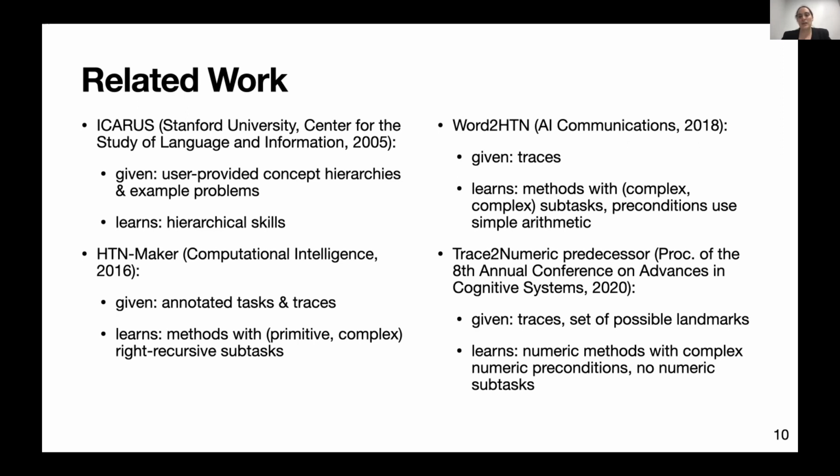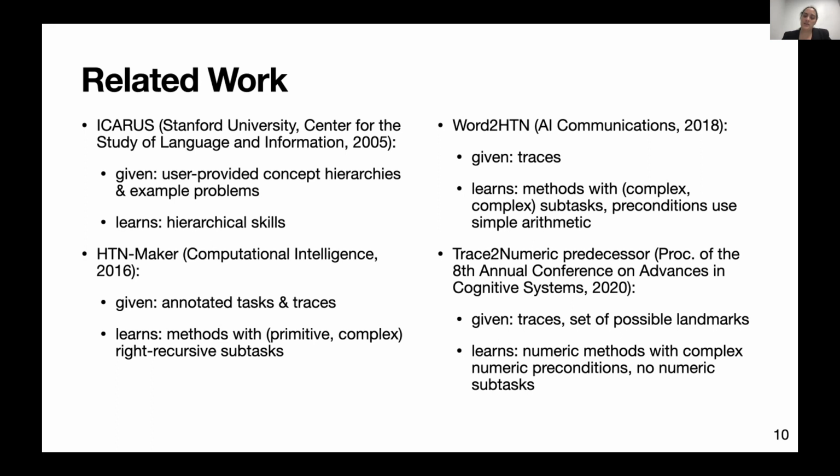Work on HDN does cut down on the amount of knowledge engineering, but their preconditions can only, and while they do learn numeric preconditions, they only learn simple arithmetic. So we're trying to increase the complexity of the numeric preconditions we can learn, which brings us to Trace-to-Numeric, the predecessor of which was not named, went unnamed.